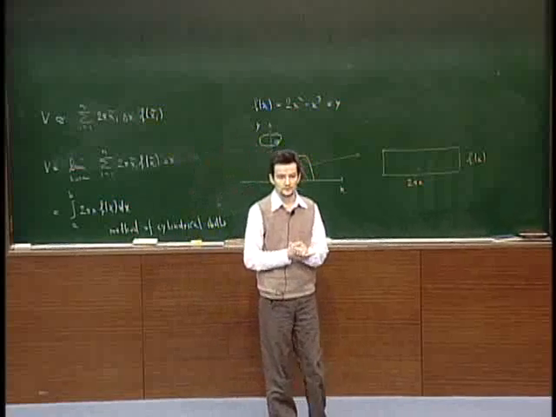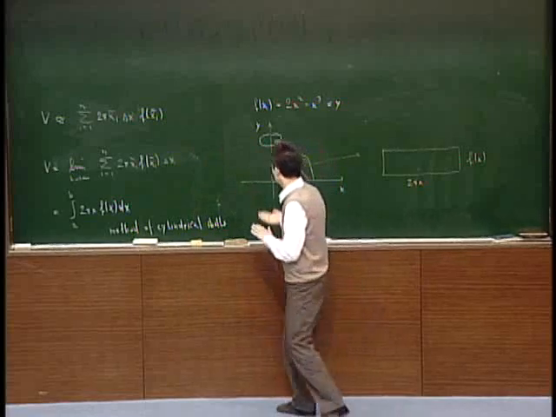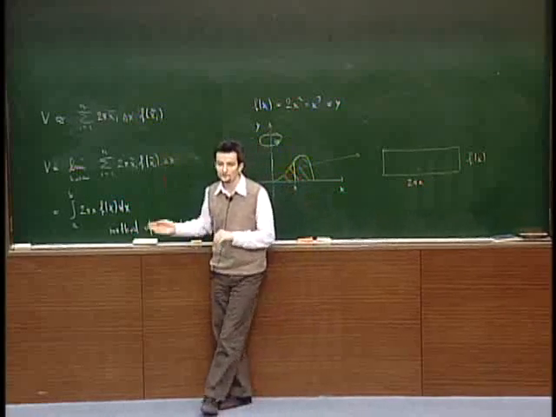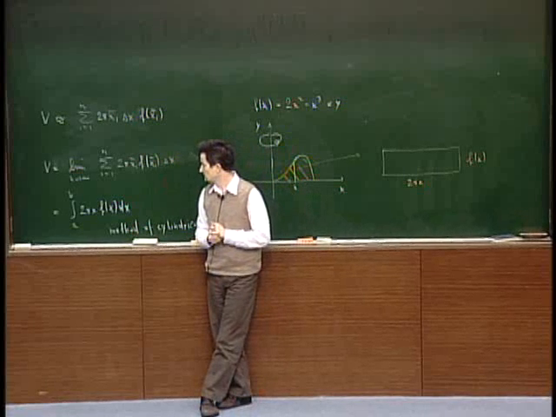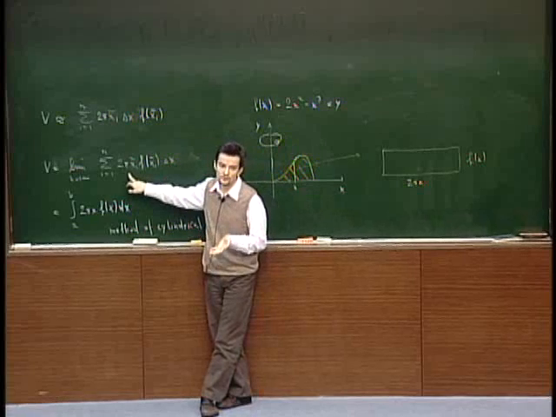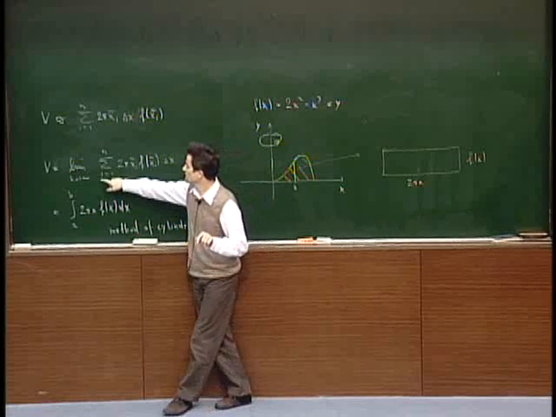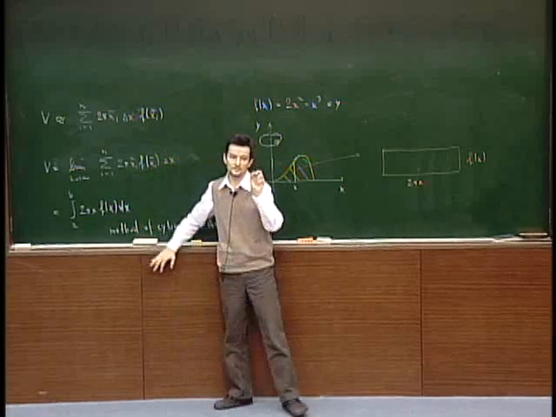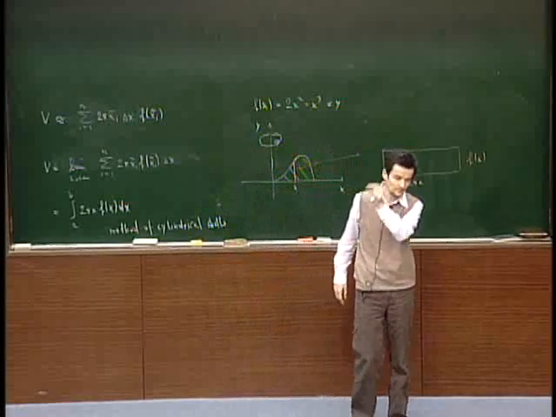It's not a surprise that you can interpret it like this, because it's kind of what we are doing already here, but here the shell still has a thickness, and in the limit process the thickness is very small.